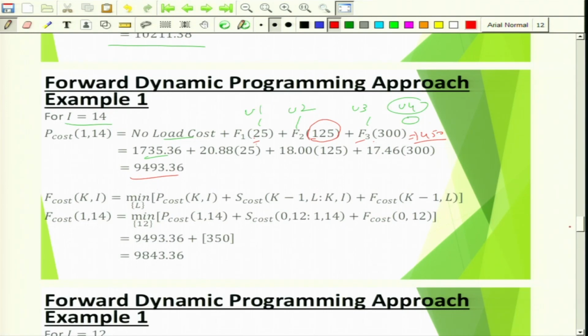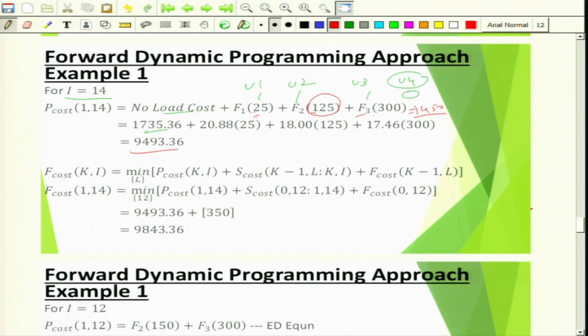And then the same thing. Now the total fuel cost includes the production cost plus the transition cost from state 12, because earlier it was operating at state 12, to move to the present state which is the first interval, 14th combination.